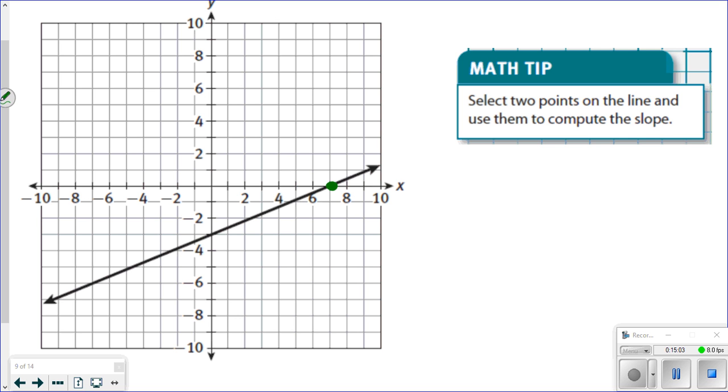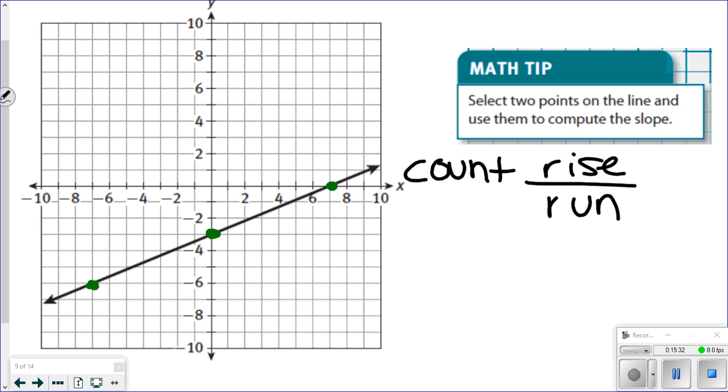I see my y-intercept, which is 0, -3. And I see another good point over here, which is at -7, -6. So there's my 3 points. You can choose any 2 points here, and what I want you to do is count your rise over run and write it down. That would be our slope.